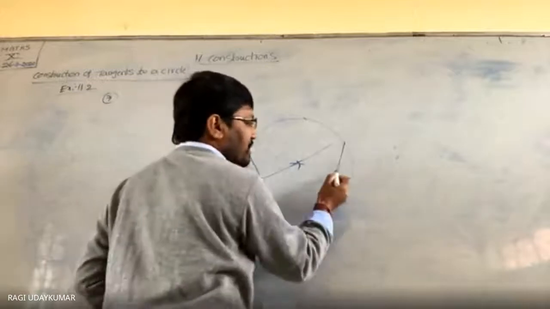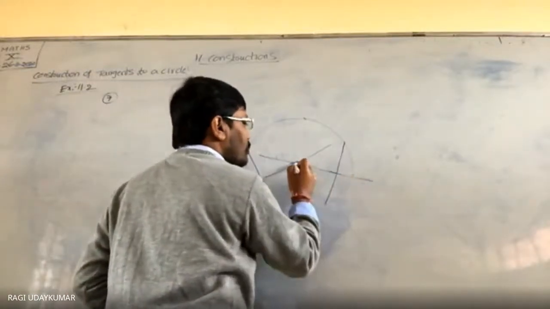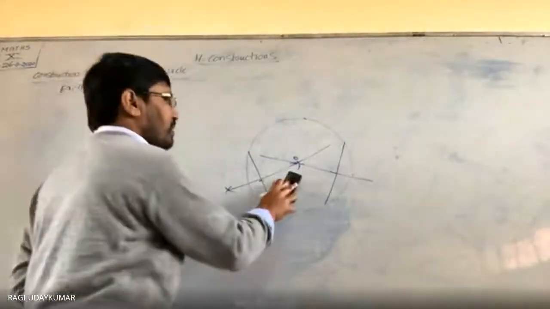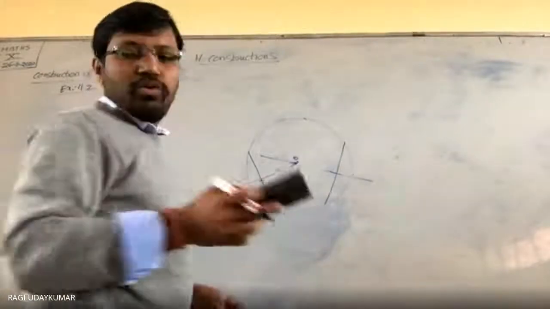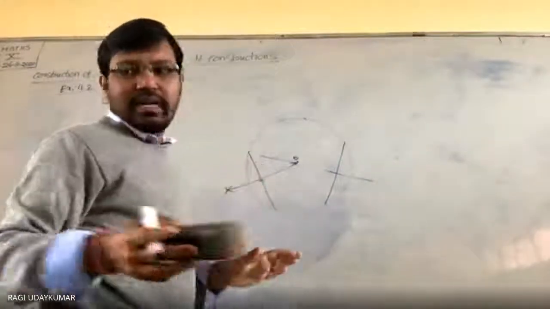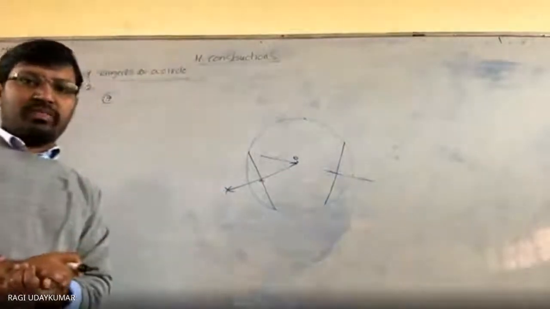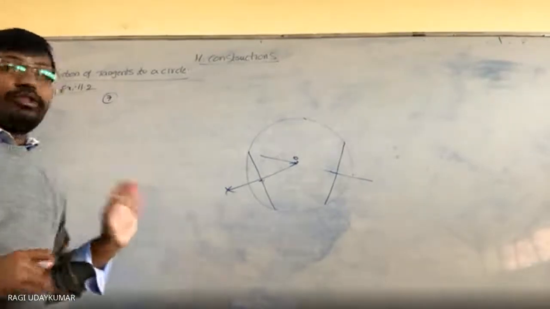In the same way, इसका भी perpendicular bisector था. So like this here. After getting the center, my best suggestion to you is to erase these, because they can come in between and you may get confused.